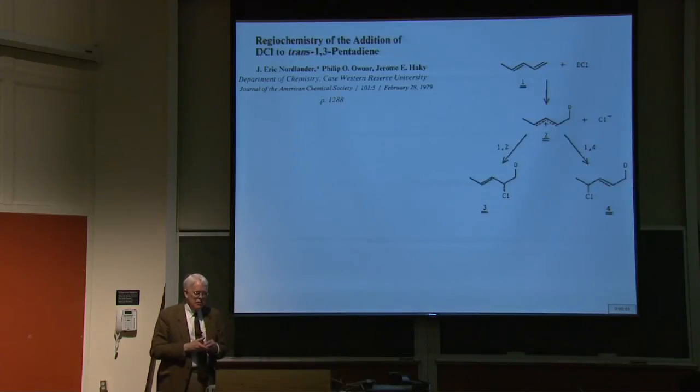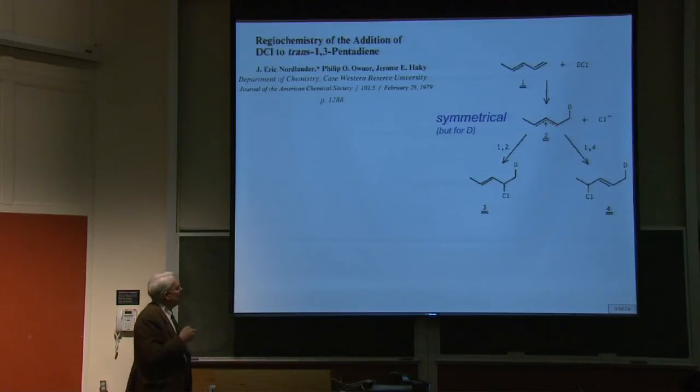But here's a really interesting paper that was published in 1979, where what's being added to is not butadiene, but pentadiene, another methyl group on there. So they add DCl, which adds to the end to get, as one would expect, the more substituted allylic cation, right? But now there's something interesting about that.